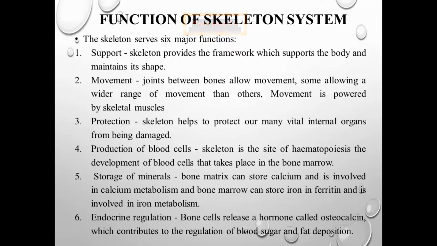The RBC, WBC, and platelets are formed from the bone marrow, which is present inside your bone, and the bone is present in the entire skeletal system. The skeleton is the site of hematopoiesis, the development of blood cells that takes place in the bone marrow.